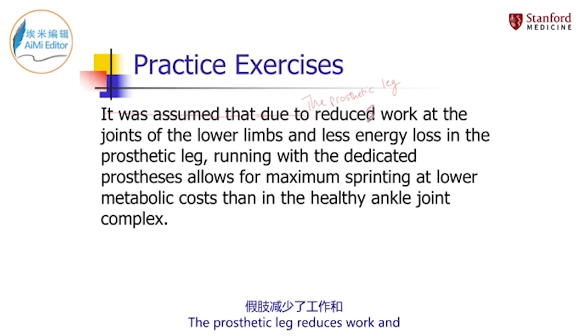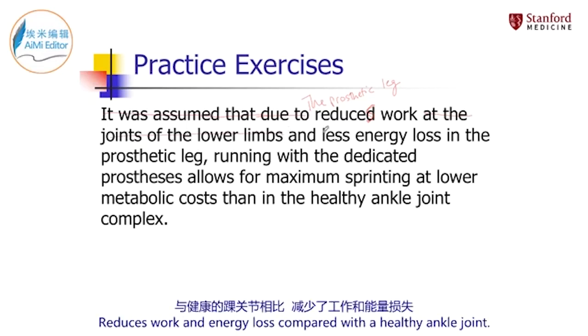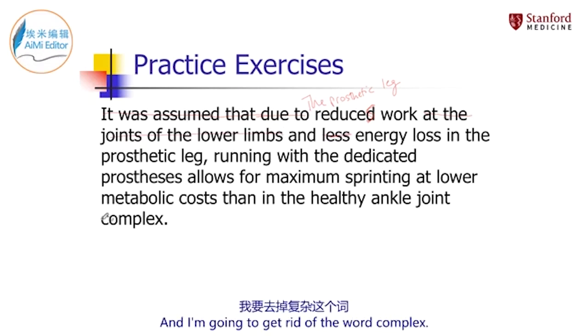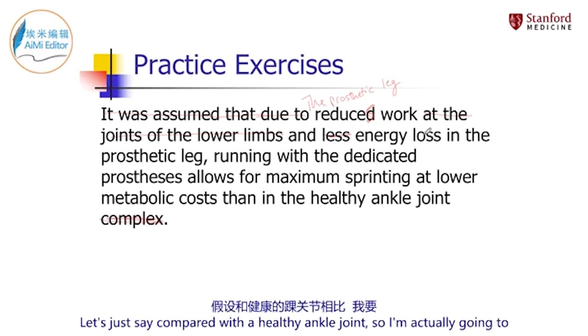The prosthetic leg reduces work and energy loss. We don't need to repeat lower limb twice. Reduces work and energy loss compared with a healthy ankle joint. And I'm going to get rid of the word complex. We don't need healthy ankle joint complex. Let's just say compared with a healthy ankle joint.